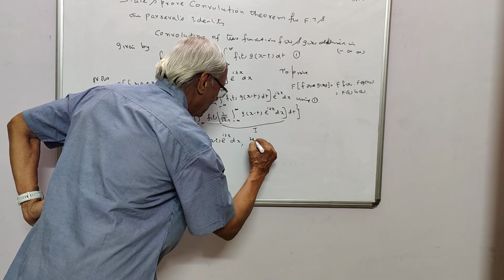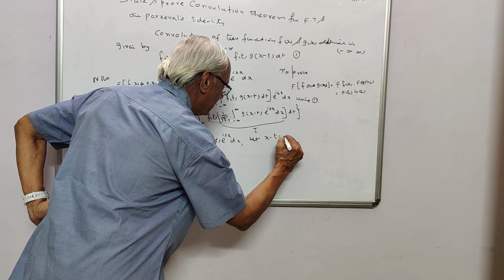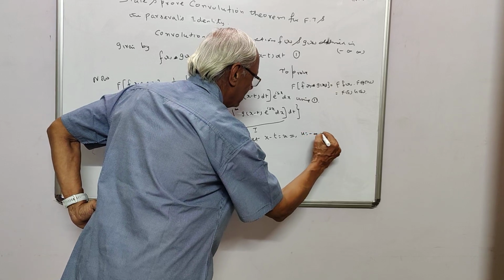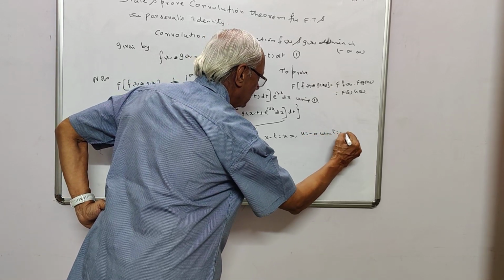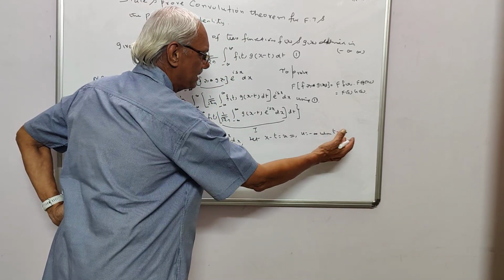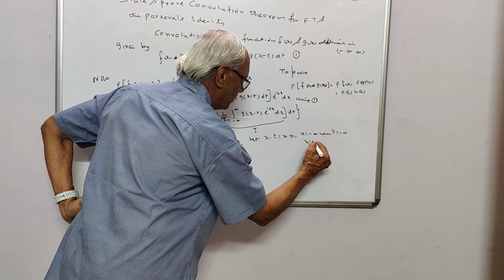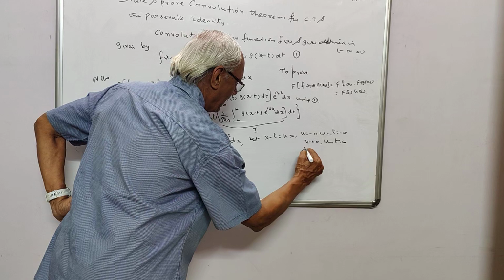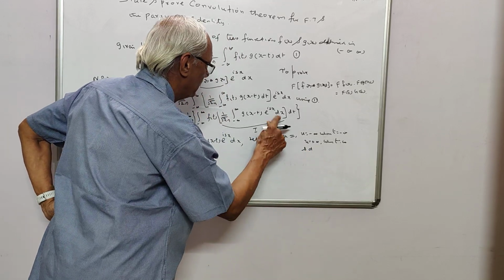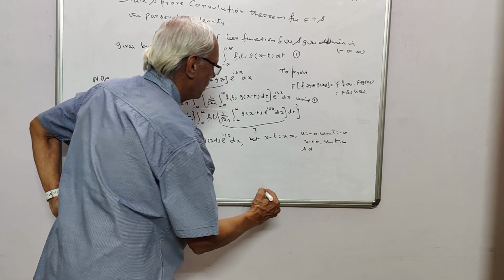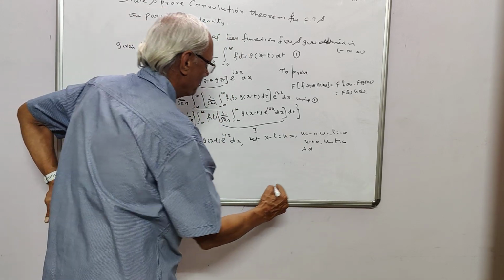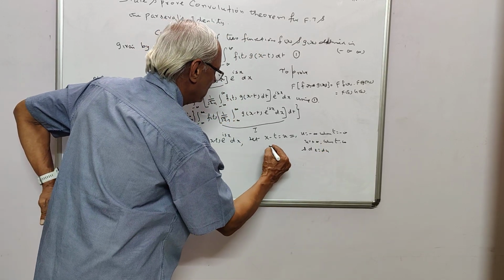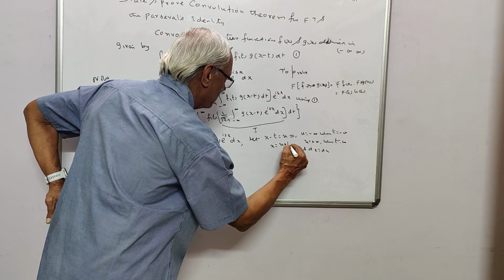So I'll write here: let x minus t be equal to u. This implies u is equal to minus infinity when t tends to minus infinity. When t is minus infinity, u is plus infinity, and u is equal to plus infinity when t is equal to plus infinity. And you want dx here, so dx will be equal to du, and what you want here is x equal to u plus t.